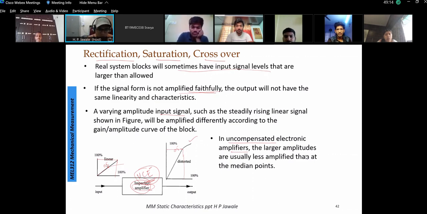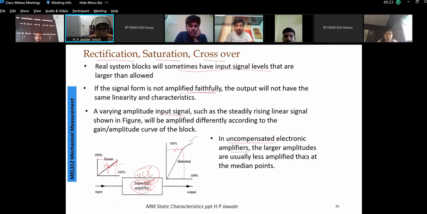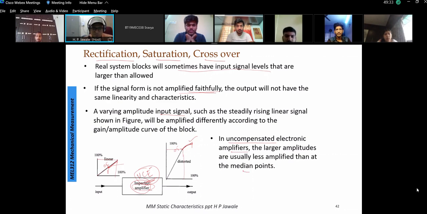Say for example, onwards here, the remaining half-wave signals at the input will be amplified disproportionately. So large amplitudes are usually less amplified than the median points. It is amplified properly here, it is not properly amplified onwards.